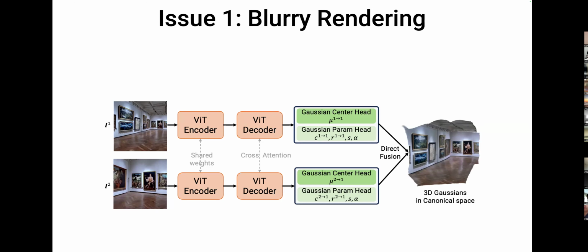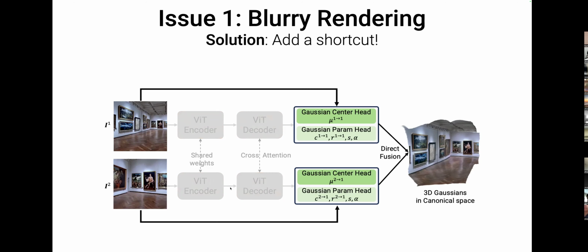So what we do is a very simple fix. You add a shortcut from the input image, directly connecting the input images to the upsampled features in the DPT head. This basically preserves the low-level texture information.